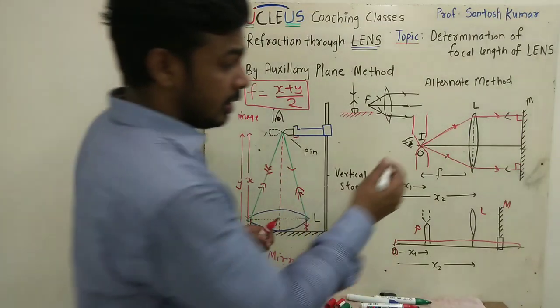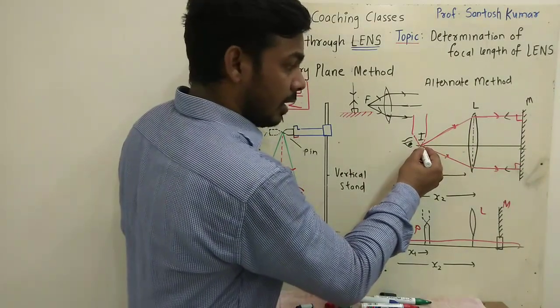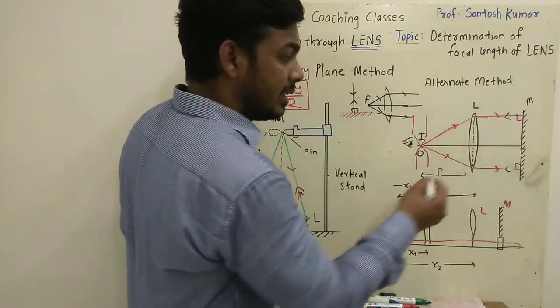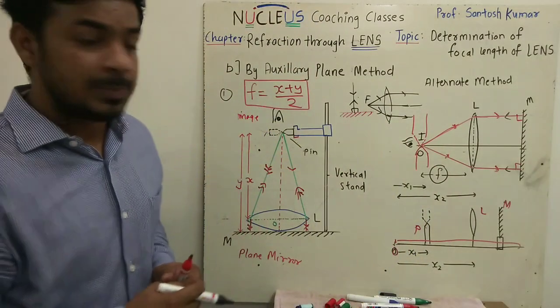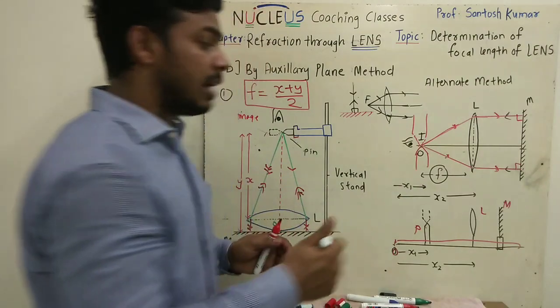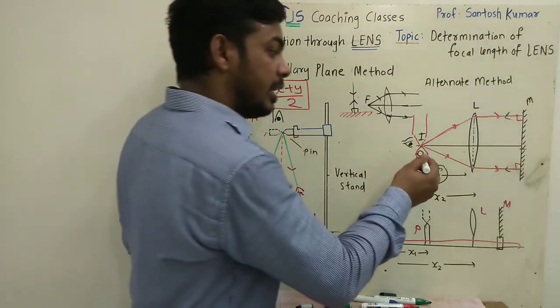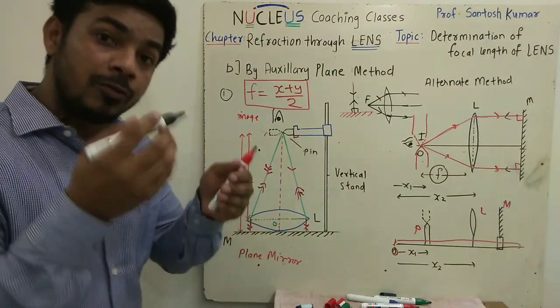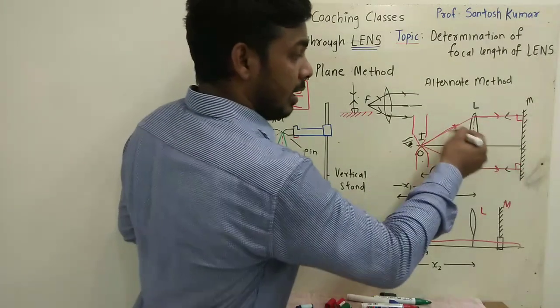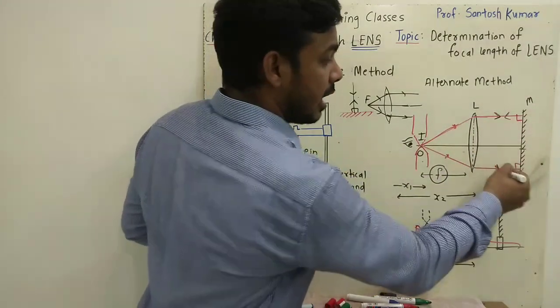Now the distance between the pin and the lens is nothing but the focal length of the lens, because since the object and image are at the same point, definitely the object is located at its principal focus, because the rays after refraction are traveling parallel.